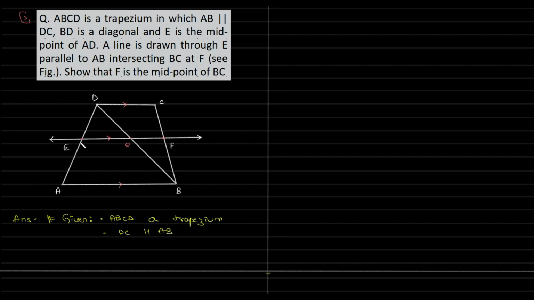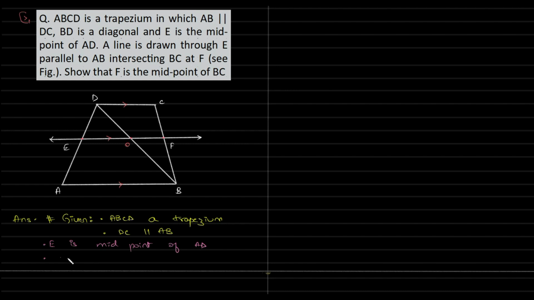We have E is the midpoint of AD. Then we have a line drawn parallel to AB.